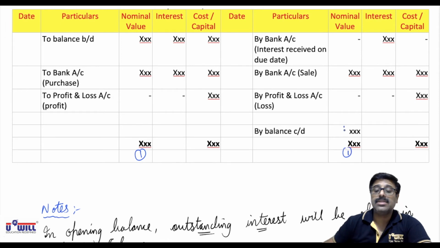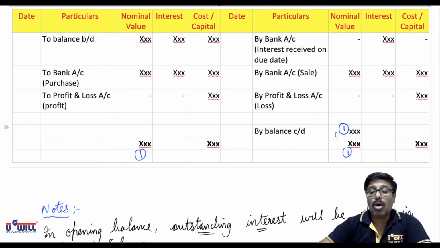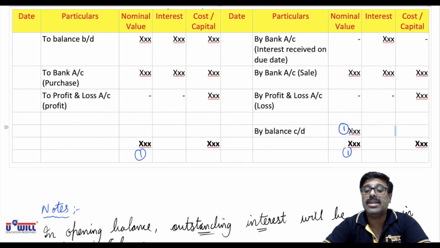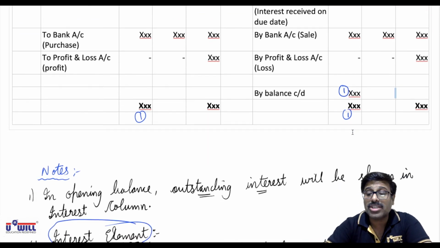That's the first step. Now on this nominal value, whatever you have balanced, you'll calculate interest again. So in this interest column, outstanding interest will be shown.